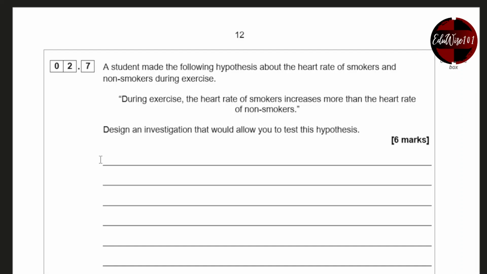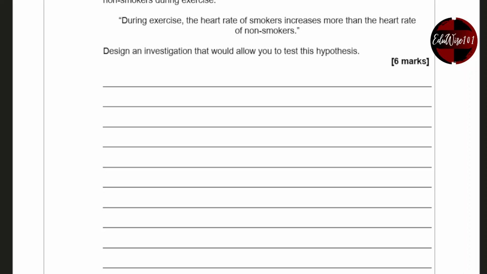And then you would measure the heart rate of people, both the groups, before they do the exercise, and then after, let's say, 5 minutes of exercise, measure the heart rate of both the groups of people. Make sure that you give the same type of exercise, and then you could repeat it and compare the results.